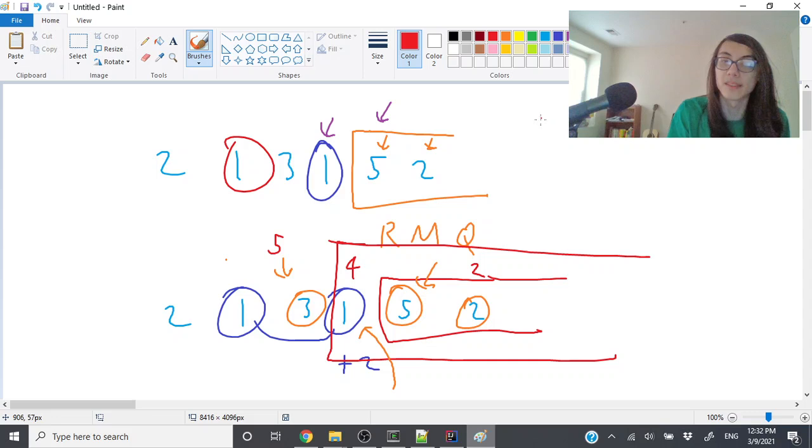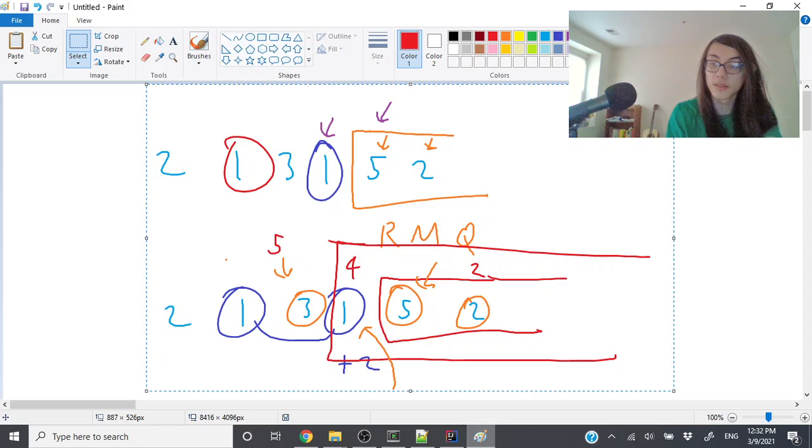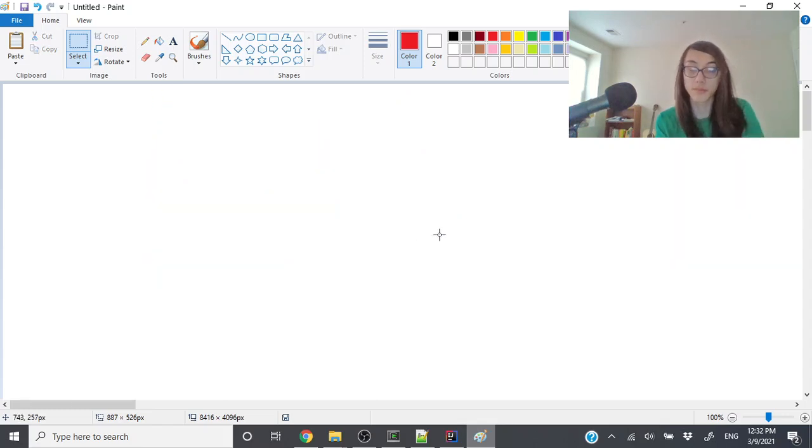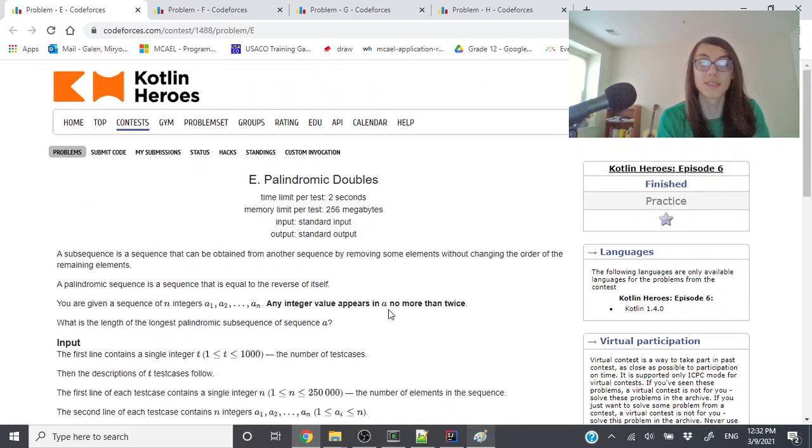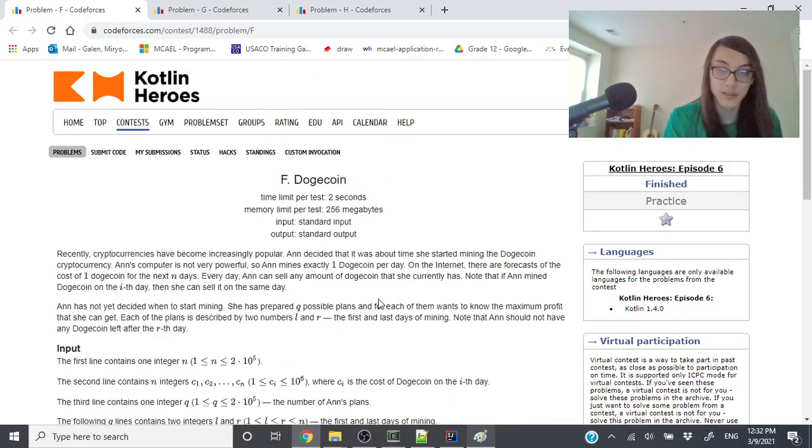And then when we're here, we consider extending some subsequence to the right of it, and possibly updating that too. Note this only works because every value appears no more than twice. So yeah.